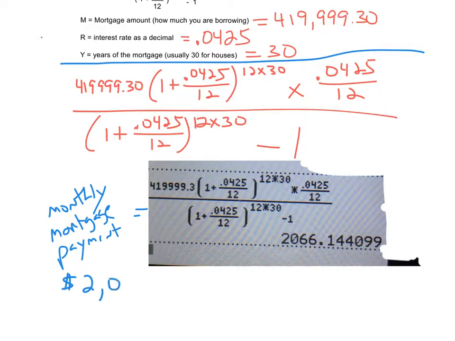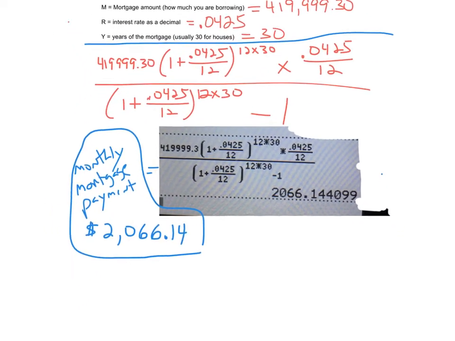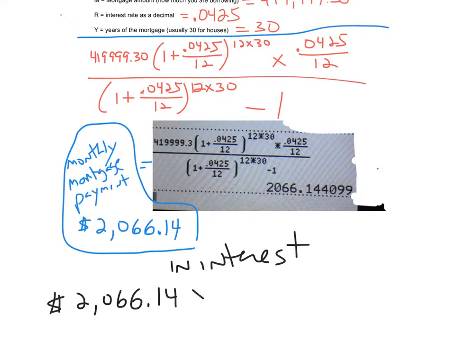So here you're going to be paying $2,066.14. That's before taxes. Now to figure out how much in interest you're going to be paying, you're going to be taking the payment, the $2,066.14. You multiply it by 12 because there's 12 months per year. And then you're going to multiply that by 30 since it's for the 30 years of the mortgage.